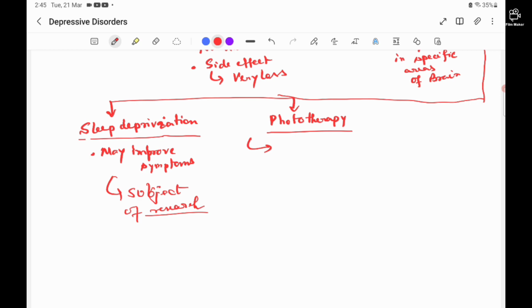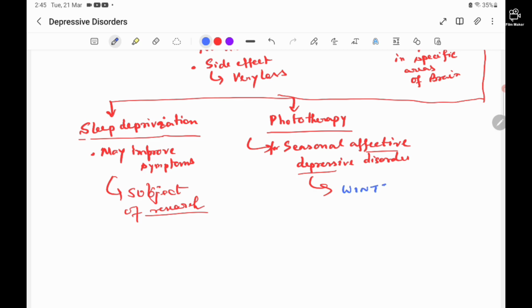For seasonal affective depressive disorder, which is mostly found in winter.